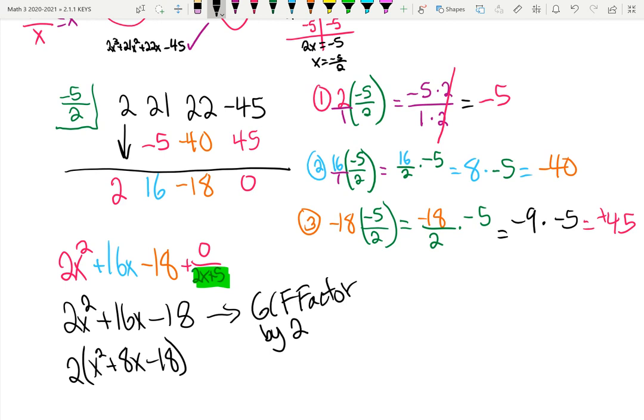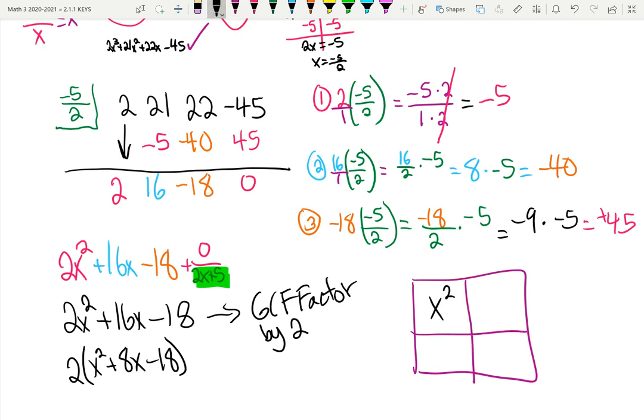I can actually keep going and factoring this. Let's go ahead and set up a square. I take my leading term, x squared, and negative 18, and my goal right now is to get these two products to be equal to the positive 8. I don't really care about the 2 in front right now.